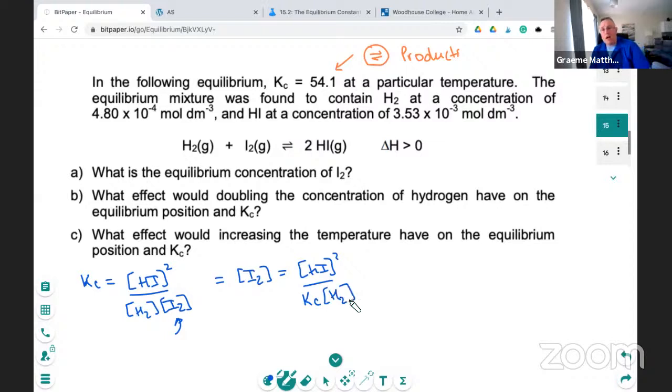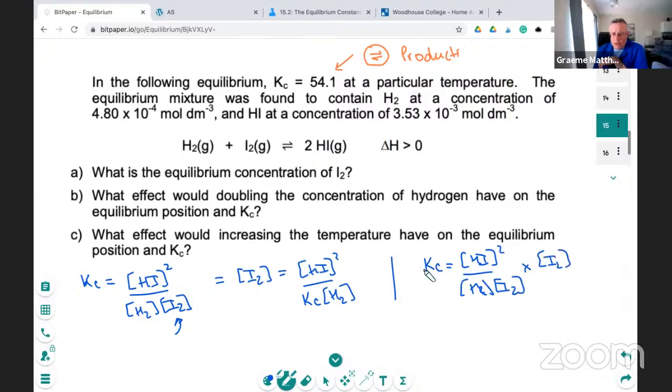Now chemist, how you do math may be totally different to the way that I do math, because my math is old. But if I do it over here, sidebar, maybe you do the rearrangement differently. Maybe you multiplied both sides by I2, so the I2s cancel out.